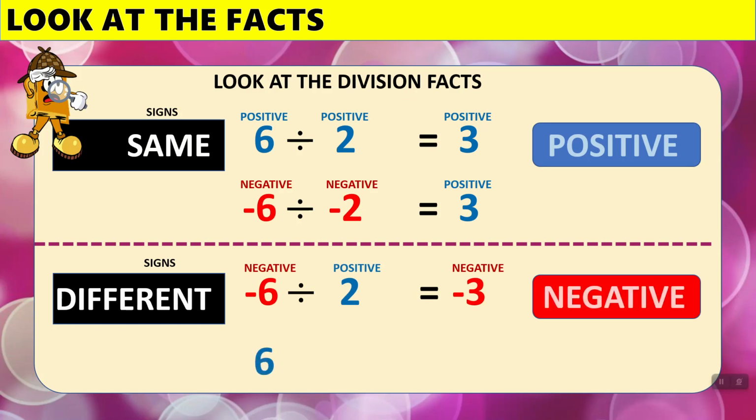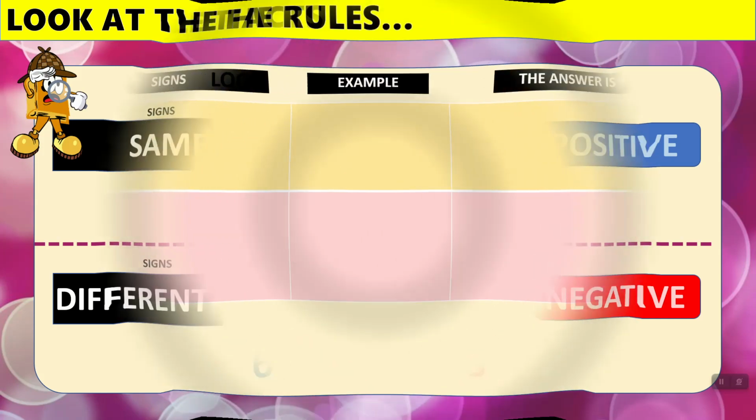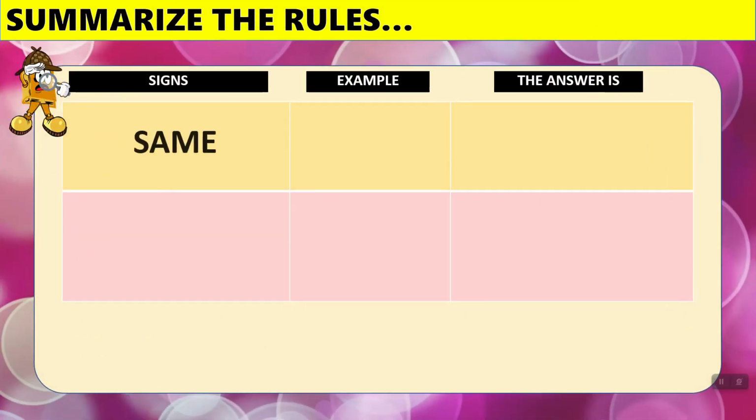And if we use that same logic, and we use a +6 divided by a -2, this should also be -3. Here is +6 divided by -2. The signs are different. The answer is negative. Let's summarize those rules again.